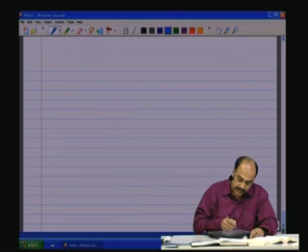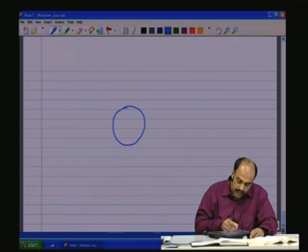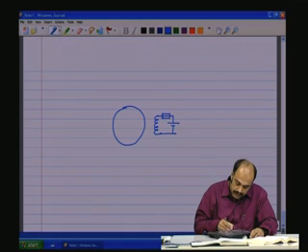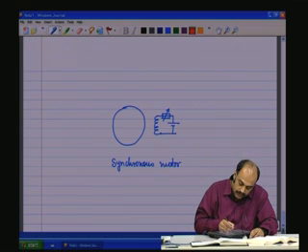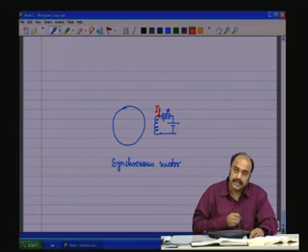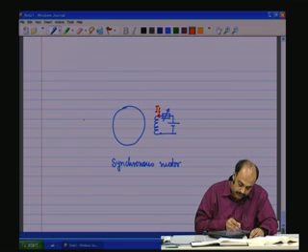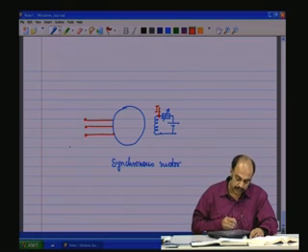And finally, the interesting project is with the synchronous motor, where you have, let us say, a variable resistance here, and this is a synchronous motor, and you have the field excitation for the motor with the stator supplied here.